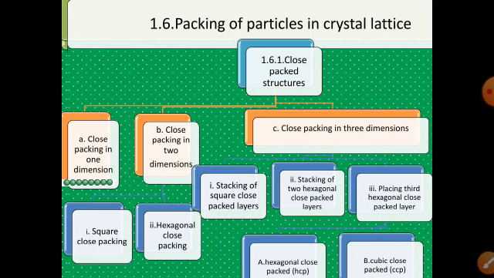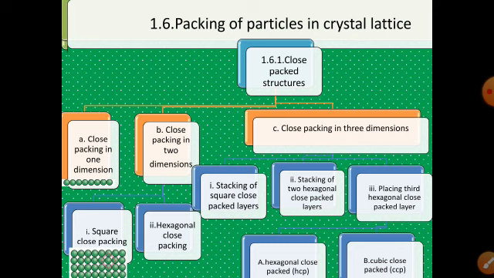Here the middle particles, except the terminal particles, are attached to two neighboring particles, and that's why the coordination number is 2 except for terminal particles. Next we'll see two dimensions. In two dimensions, first we'll see square close packing.